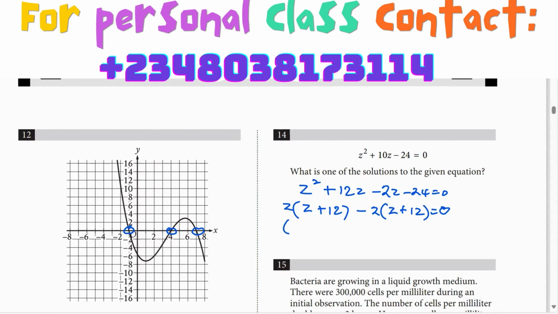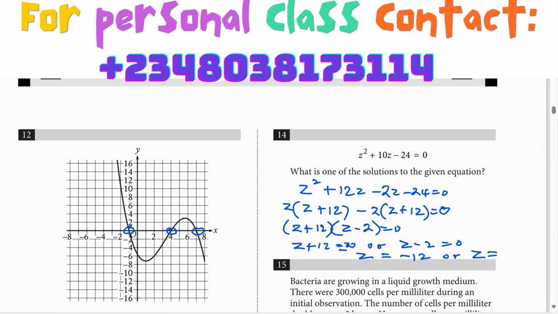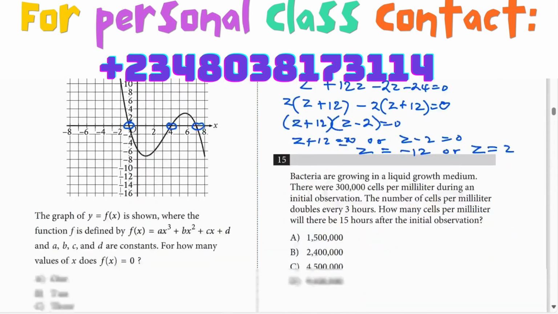Okay, so we have z plus 12, z minus 2 equals 0. Solving z plus 12 equals 0, or z minus 2 equals 0, giving us z as minus 12, or 2. Any of these can be the correct value.